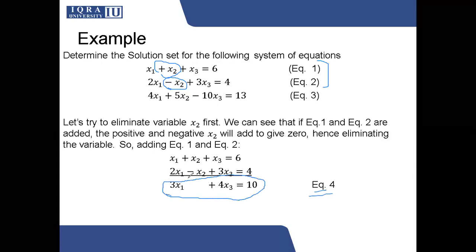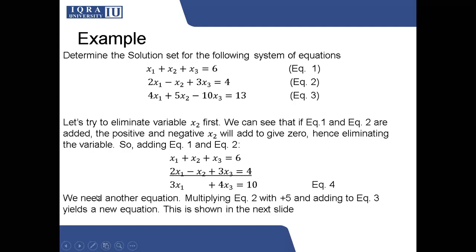You'll notice that I can't just solve this equation right away, because this one equation has two variables, x1 and x3. So I need another equation for this. How do I get another equation? Now I need to utilize either equations 2 and 3 or equations 1 and 3. Multiplying equation 2 by plus 5 and adding to equation 3 will give me a new equation.